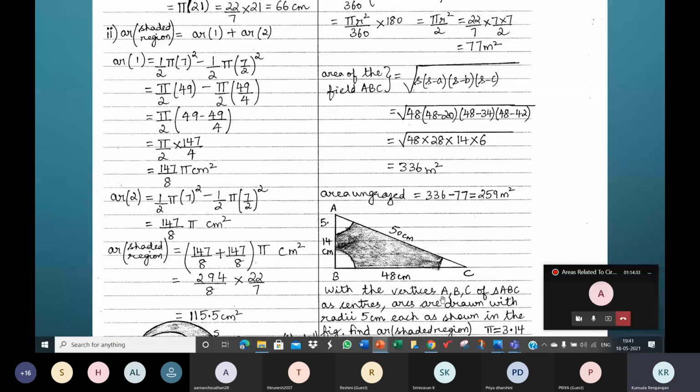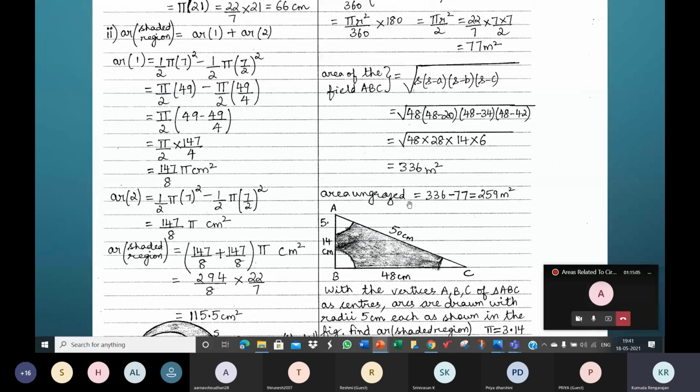With vertex A as center, vertex B as center, vertex C as center, arcs of radii 5 centimeters are drawn. So this arc, and this arc. The radius everywhere is 5 centimeters. Find the area of the shaded region.